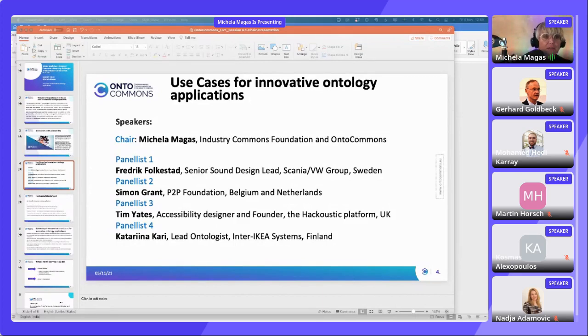Simon Grant presented his views and his experience on working with consensus as a physics and philosophy graduate from Oxford, and 30 years ago having completed a cognitive science, artificial intelligence, human-computer interaction PhD.